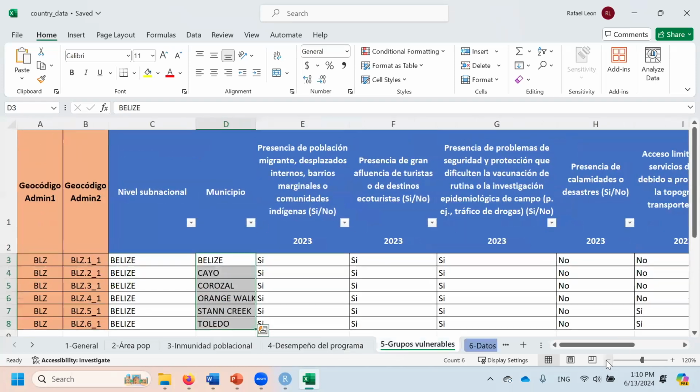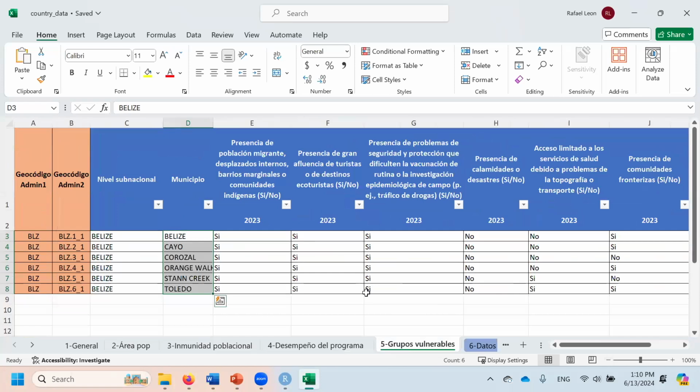On sheet 5, you can find variables on vulnerable groups. For this, you should answer yes or no to the questions. Bear in mind that the presence of one single condition listed in each of the questions yields an answer of yes.